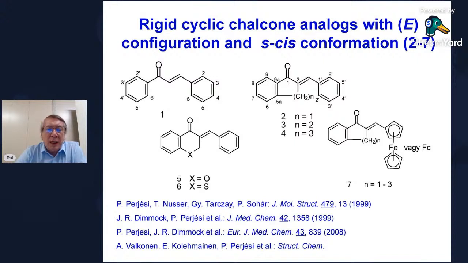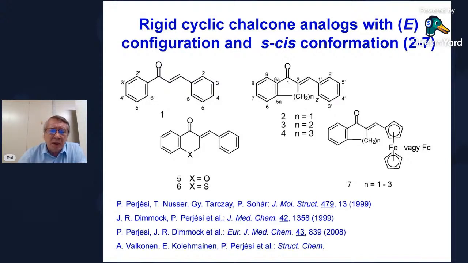In this lecture, we will show some physicochemical characterization of not only the open chain chalcones, which are analogs of the natural ones, but also several cyclic analogs of them with carbocycles and with heterocycles. The carbocyclic derivatives can have a 5-membered ring, 6-membered ring, and/or 7-membered ring.